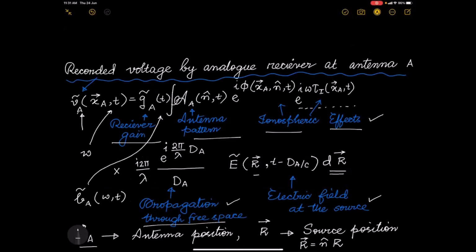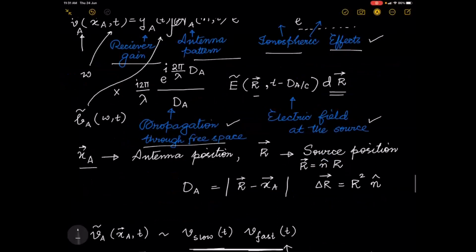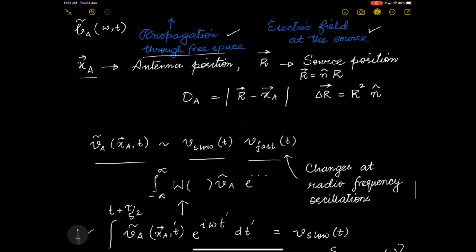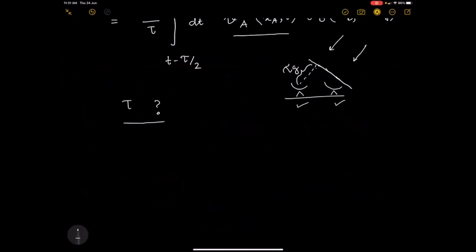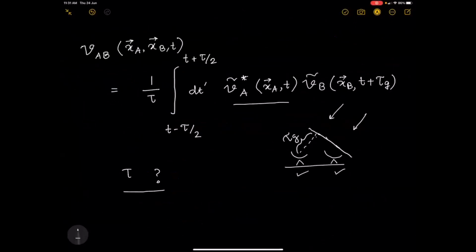So for example, if it's a monochromatic signal, the time dependence will be just e to the i omega t. And you choose tau to be much larger than the time period of the signal, which for a 1 gigahertz oscillation is 10 to the minus 9 second. So for example, in GMRT, this will be a few tens of milliseconds. Okay, so this is what I do.